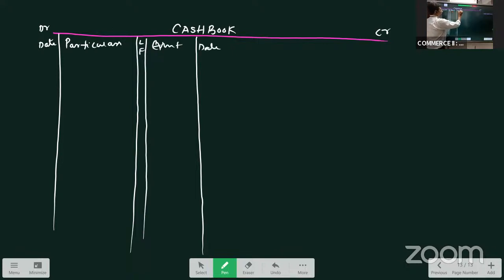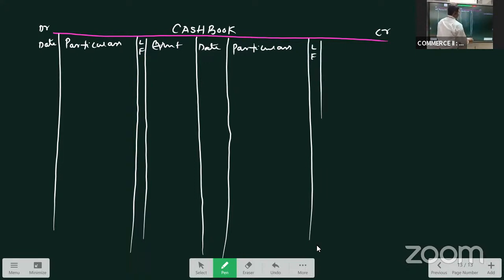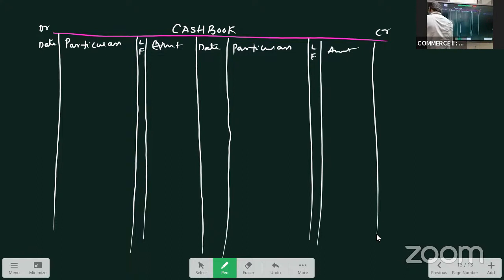Date, particulars, LF, amount. Okay, ready with the format? Shall we? See what is the first transaction? Page number 150, question number 2.